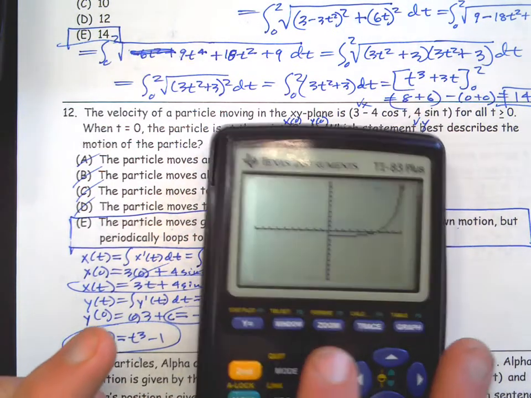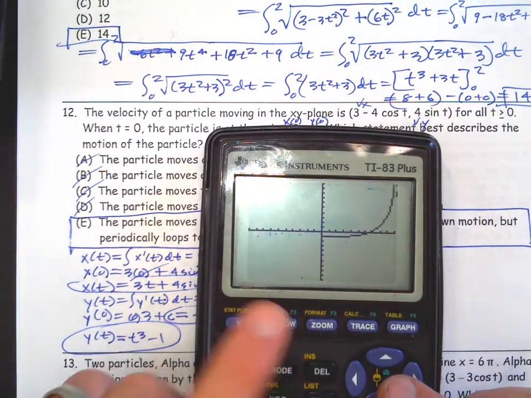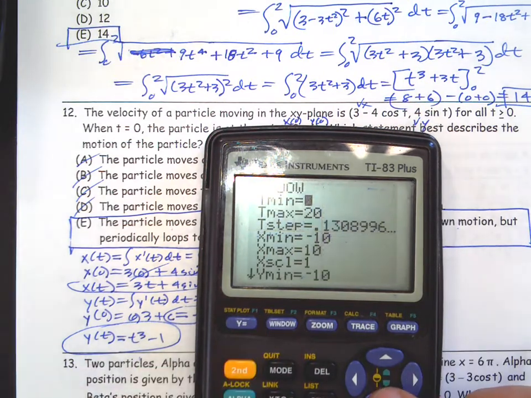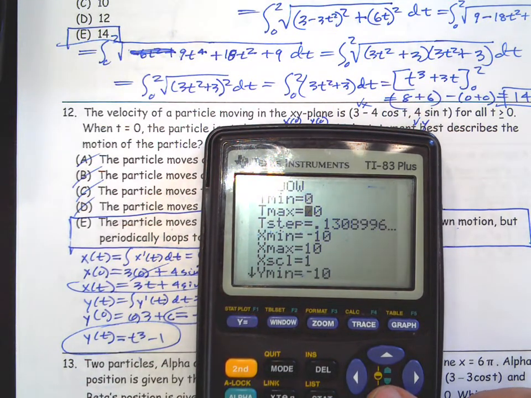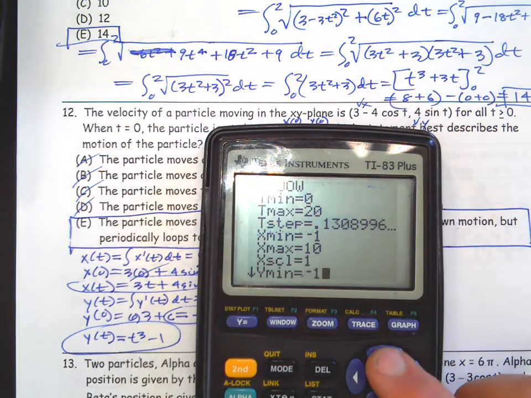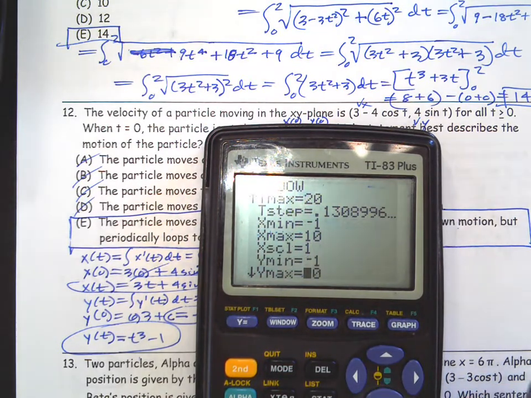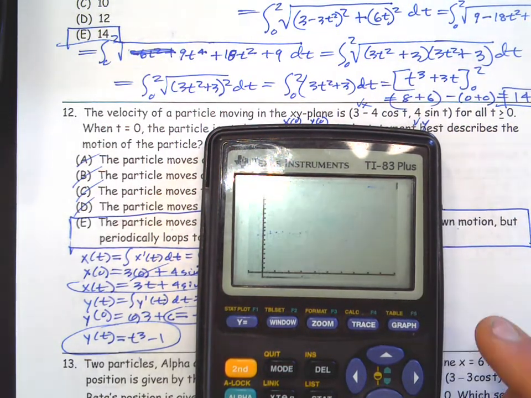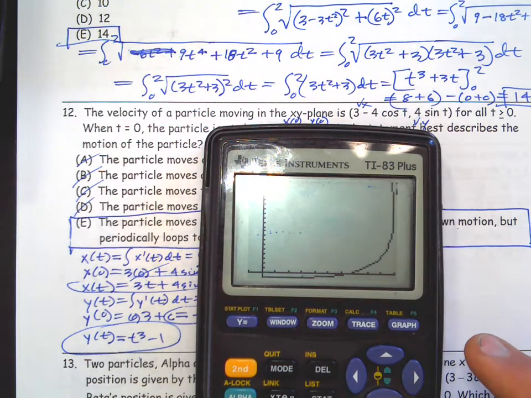Time is always greater than 0, so I think we go back to window and it looks like the graph got really big. The graph just gets really gigantic.